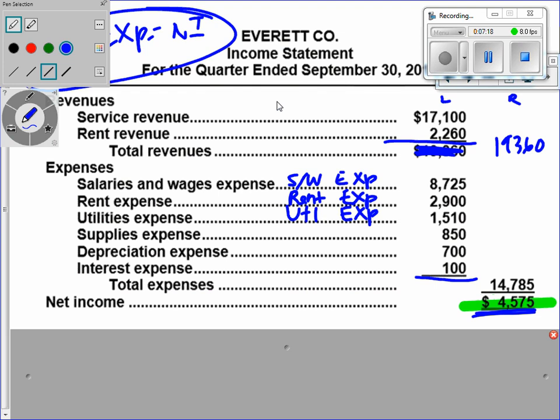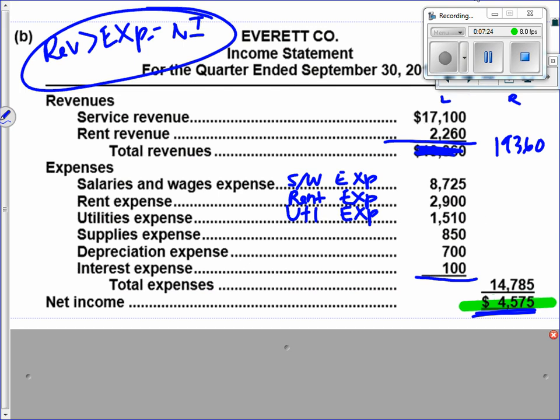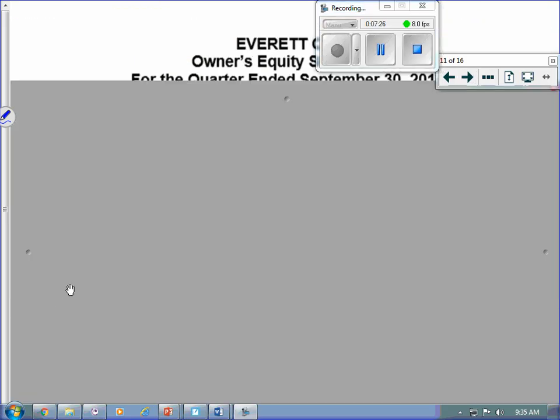What's our next statement? I know you can look in your workbook, but next we're going to create an owner's equity statement. Taking a look at what the beginning balance was, add a few things, subtract a few things to have an ending balance.